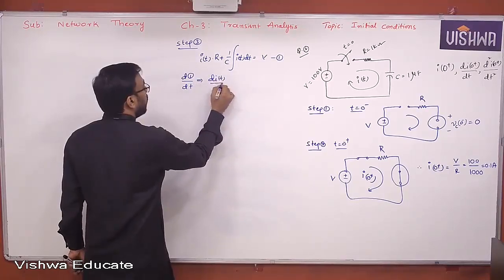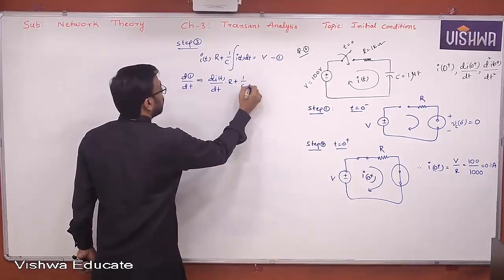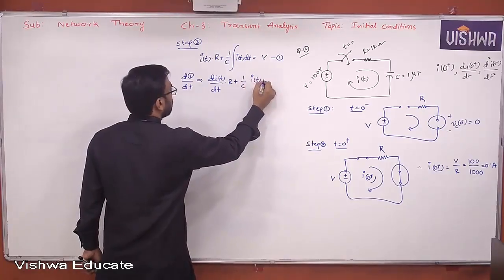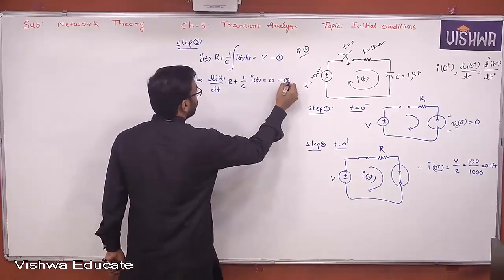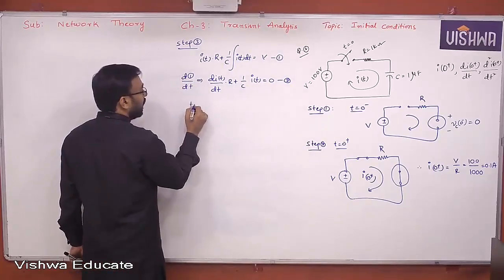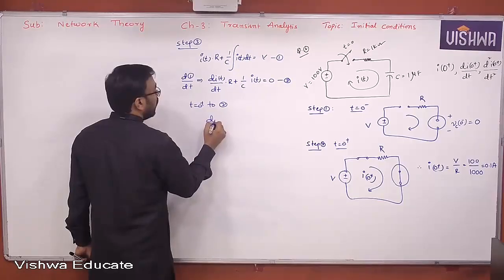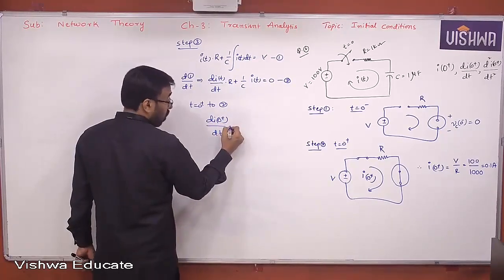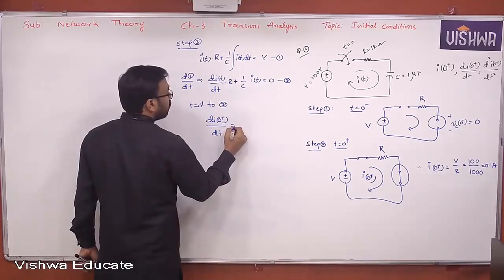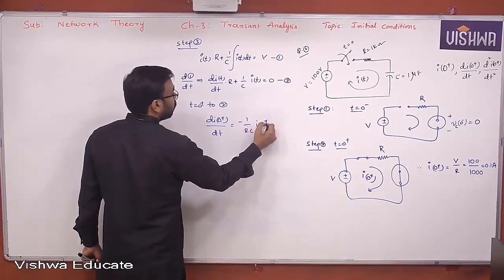R di of t by dt plus 1 by C I of t is equal to 0. Now you call it equation 2. Applying t equal to 0 plus conditions to equation 2, di of 0 plus by dt into R is equal to minus 1 by RC into I of 0 plus.